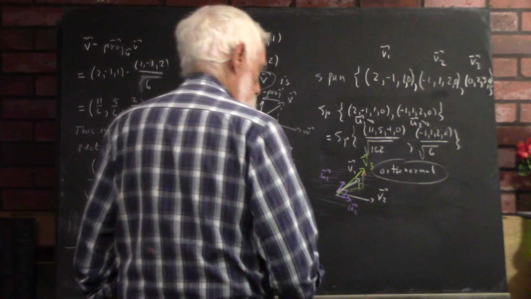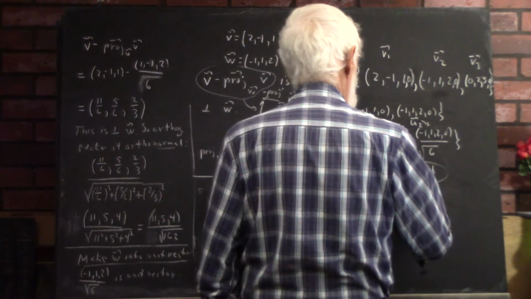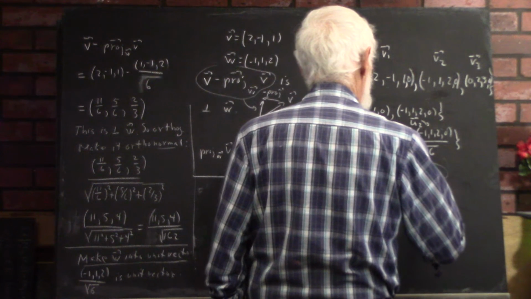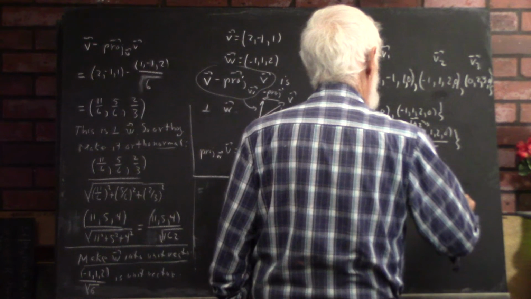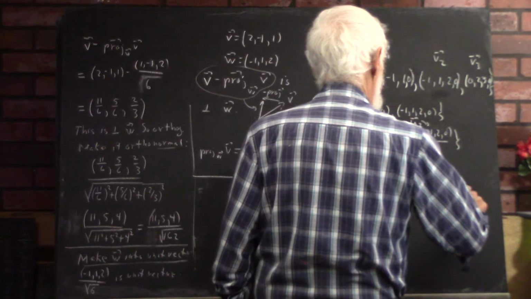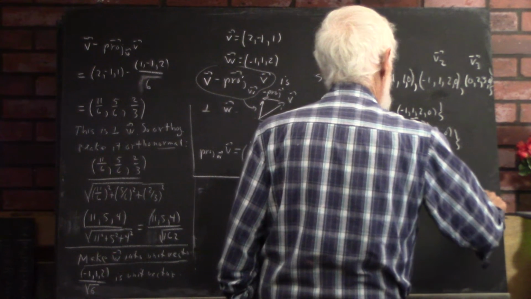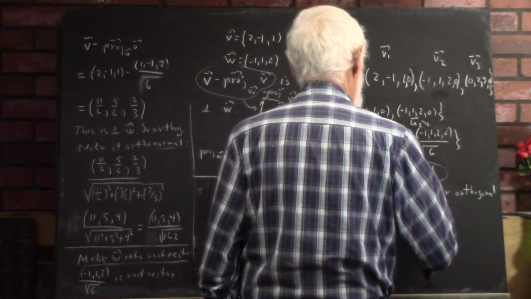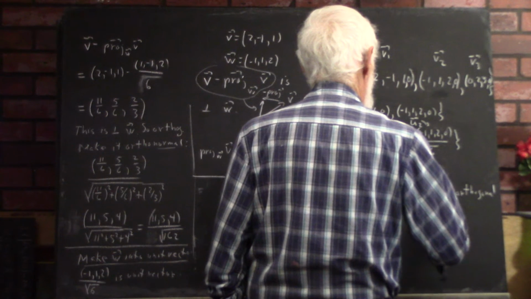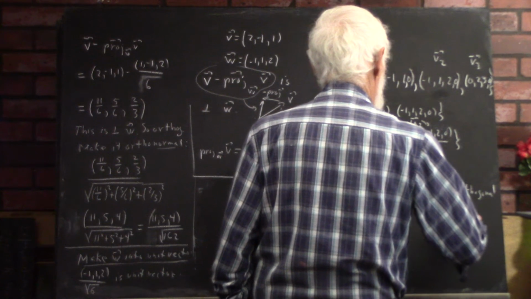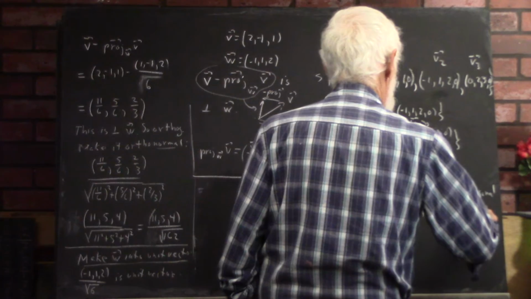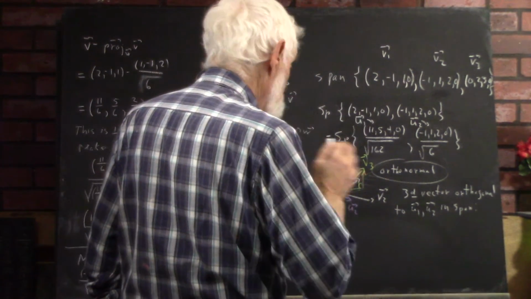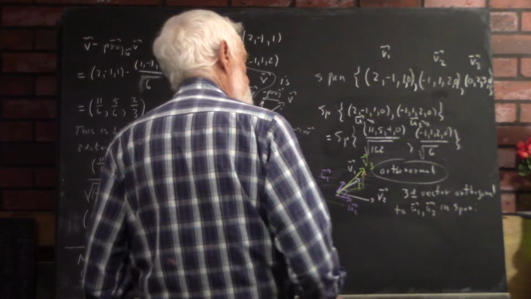Okay, so we get a third vector orthogonal to both u1 and u2 in the span.